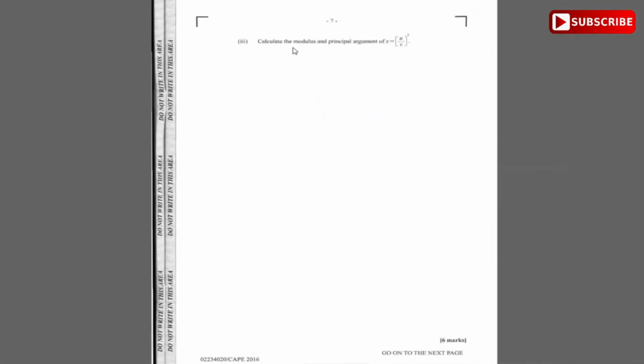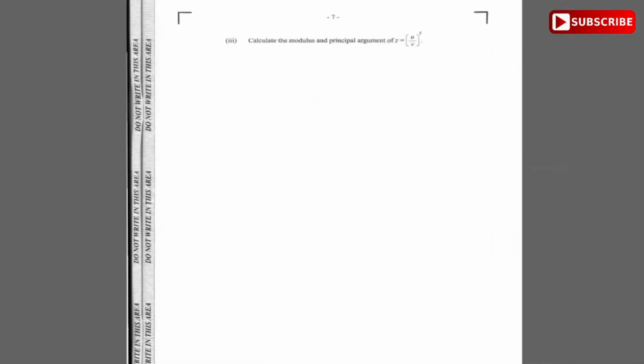The next part says calculate the modulus and principal acute argument of z, which is u over v to the 5th power. So first thing, before you work out u over v to the 5th power, once you see u over v, this is not in standard form. So we're going to need to rationalize by multiplying by the conjugate of v.